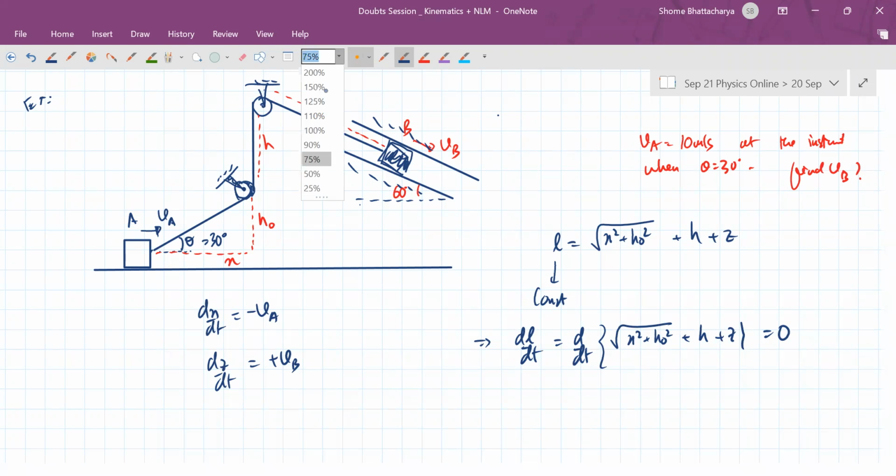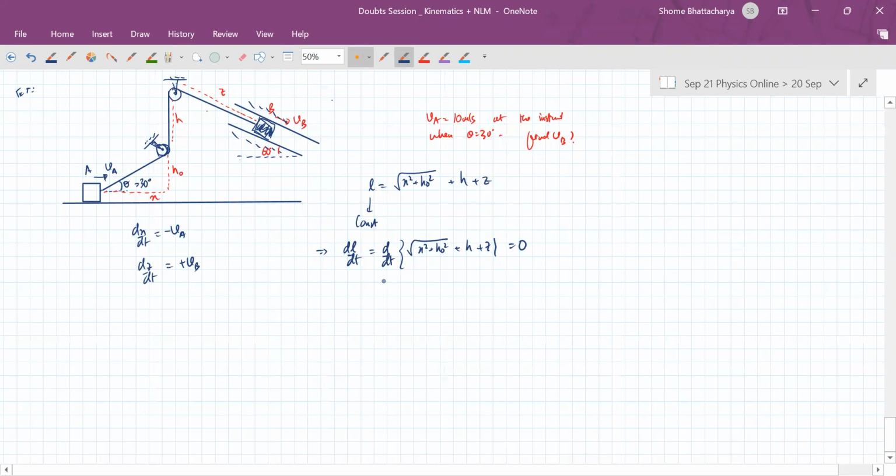Okay, so let's complete this problem. When you do the differentiation here, you can write this as differentiation with respect to x of this expression into dx by dt, plus differentiation of h, which is 0.